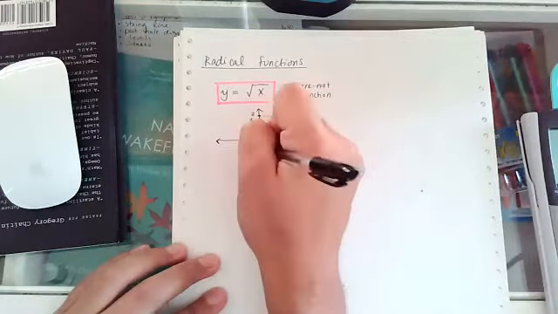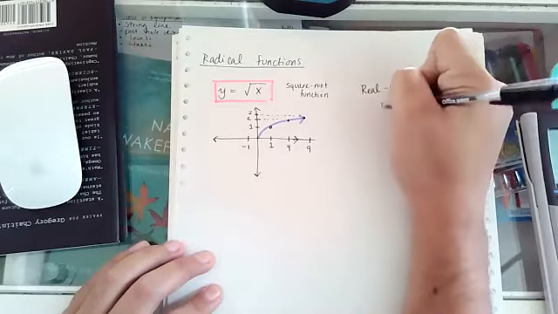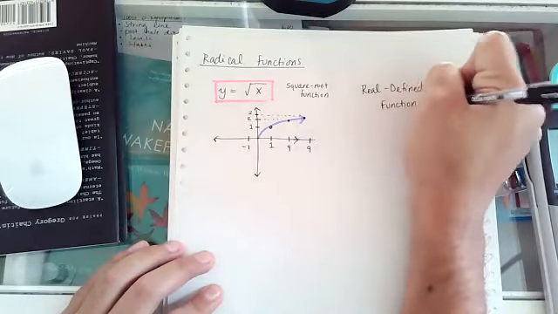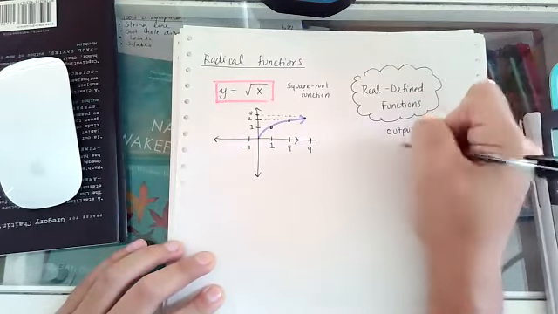Is it because you can't have a negative in a square root? Yeah, that's exactly right. So all of the functions that we're working with are going to be real defined functions. And what I mean by that is that the outputs must be real numbers.